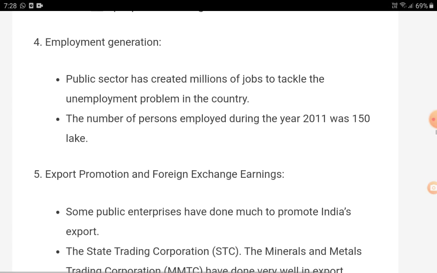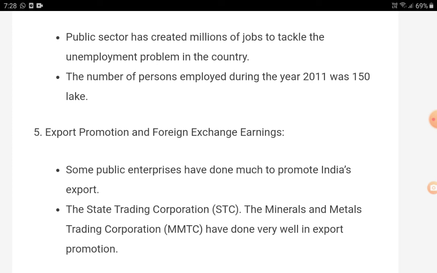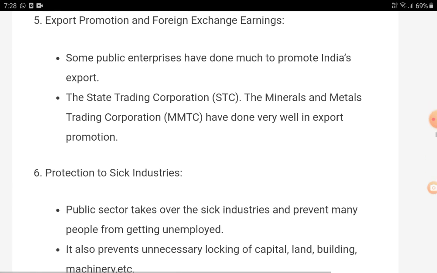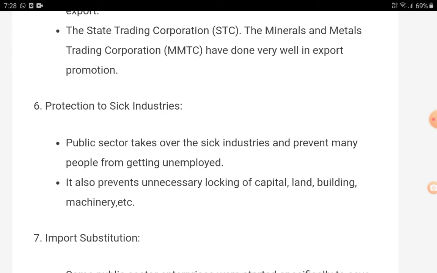Next, export promotion and foreign exchange earnings. Some public enterprises have done much to promote India's exports. The State Trading Corporation (STC) and the Minerals and Metals Trading Corporation (MMTC) have done very well in export promotion. Next, protection to sick industries. Public sector takes over the sick industries and prevents many people from becoming unemployed.